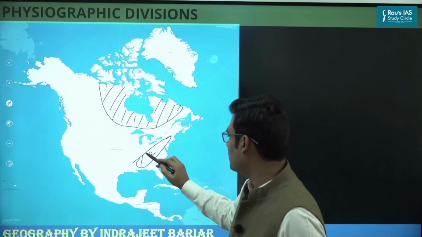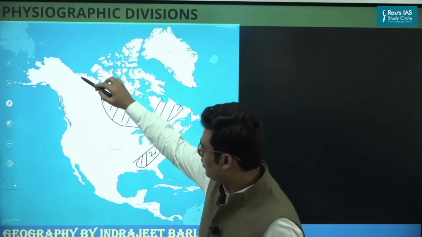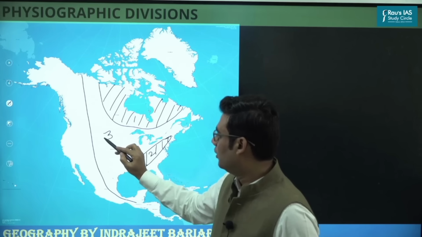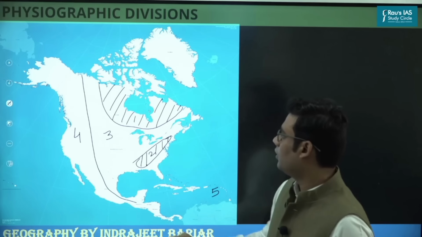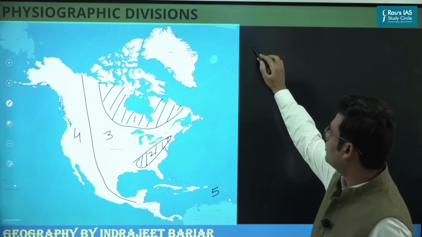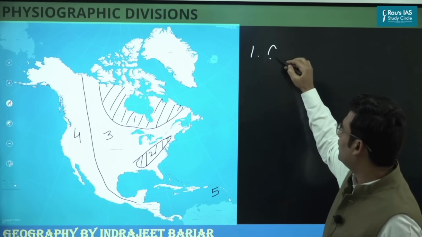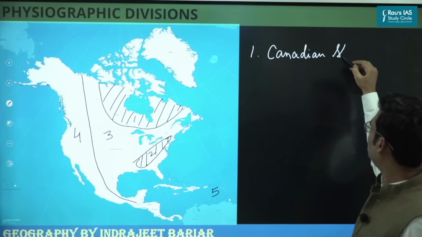This second division is called the Eastern Highlands. Then we have a dividing line like this, and this becomes the third division, this becomes the fourth division, and this becomes the fifth division. So over here, among the physiographic divisions, the first division that I can mention is the Canadian Shield.